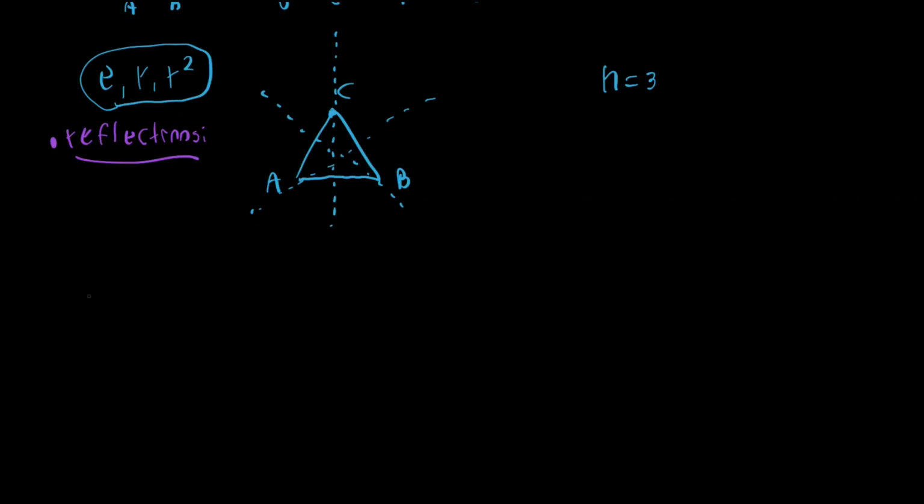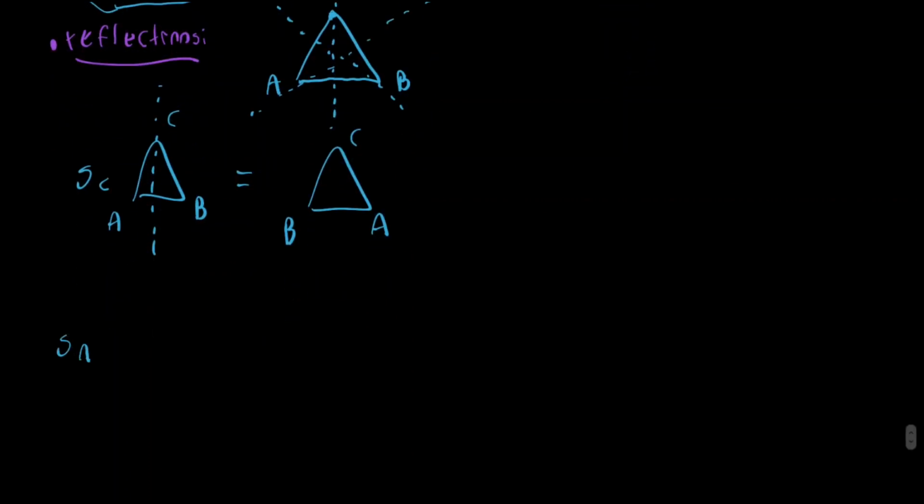So let's label these reflections as S1, S2, and S3. So let's start by S1, and actually let's label them by the vertices, like the line that passes through the vertex that we're fixing. So let's consider this reflection here. Where we're reflecting about this axis here, we'll notice that this will just be BAC, this triangle here. What about SA?